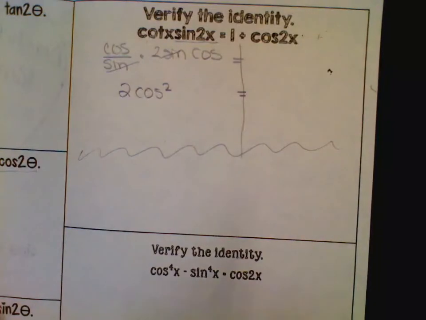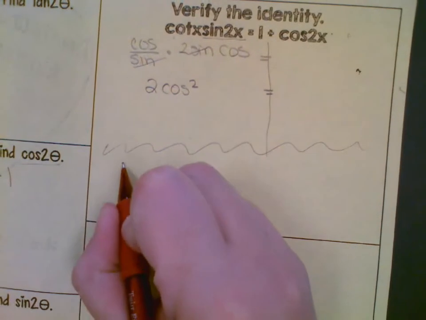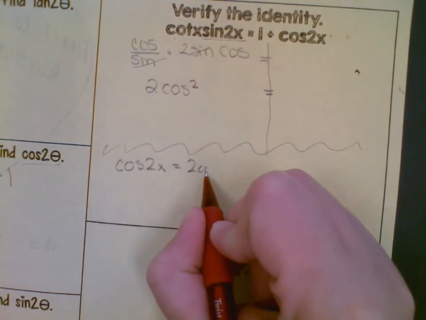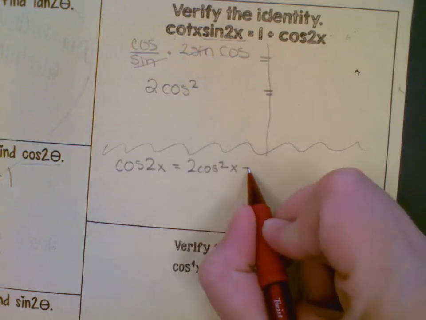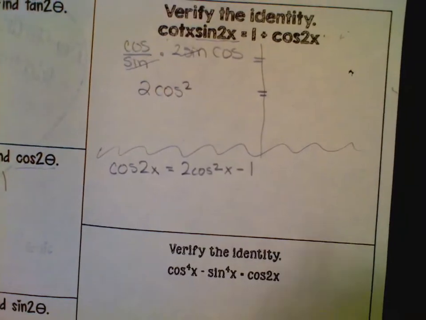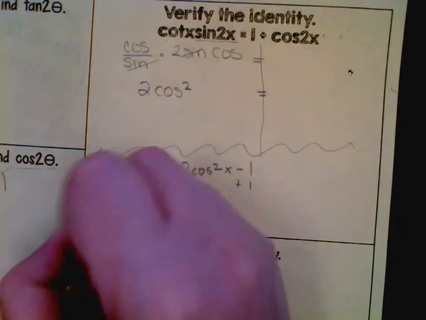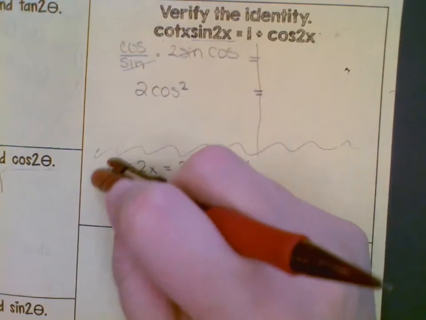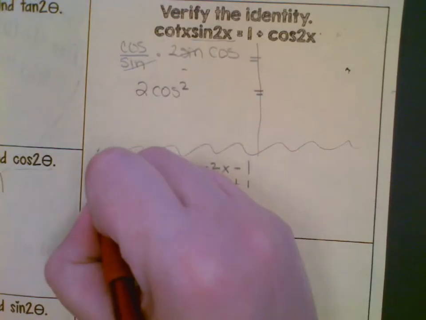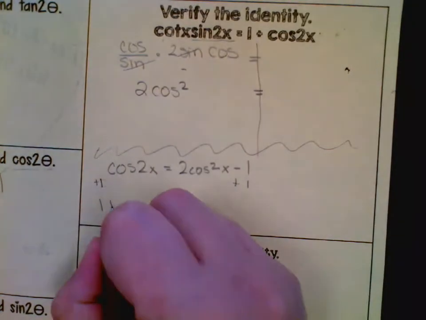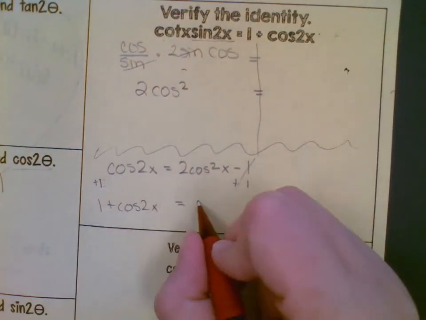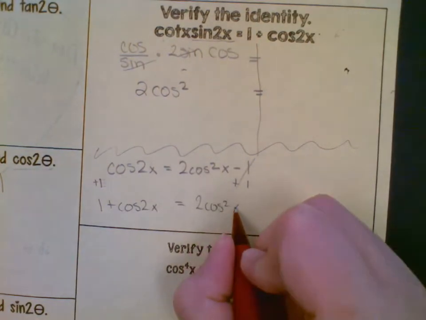Okay, so our double angle identity for cosine, one version of it says cosine of 2x equals 2 cosine squared x minus 1. So if I play around with this, I'm going to add 1 to the other side to solve for that 2 cosine squared. Oh, I wrote 2, I said 1, I meant 1. So then we'd have 1 plus cosine 2x equals 2 cosine squared x.